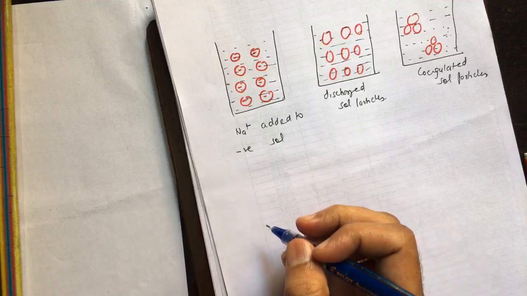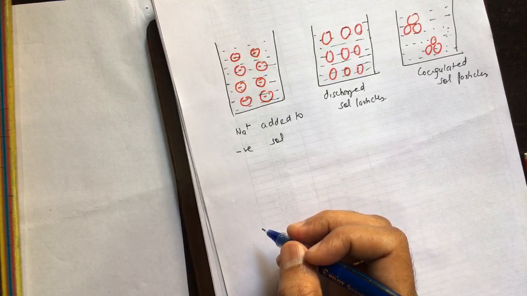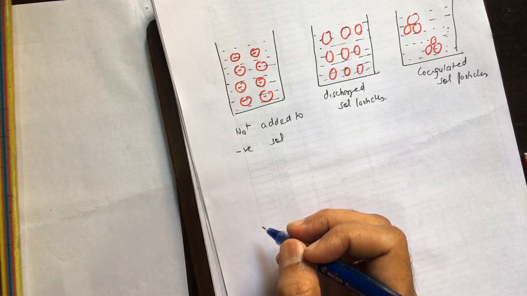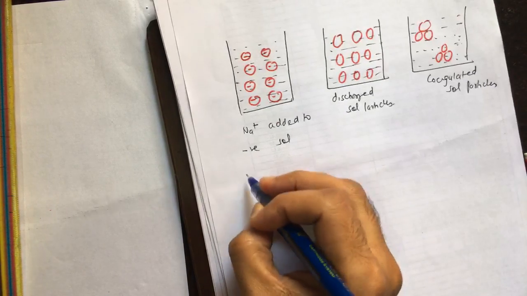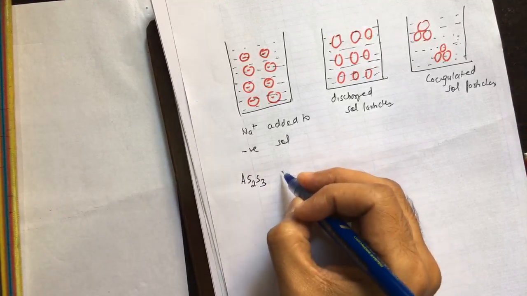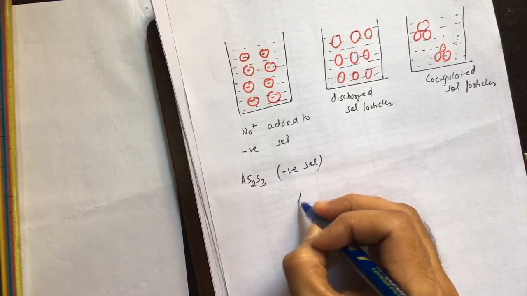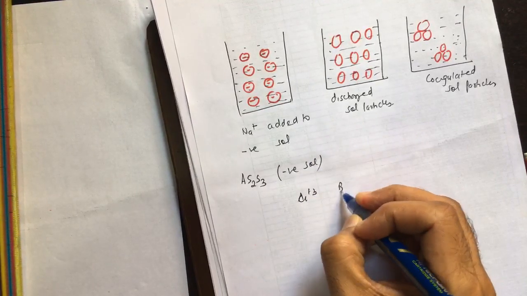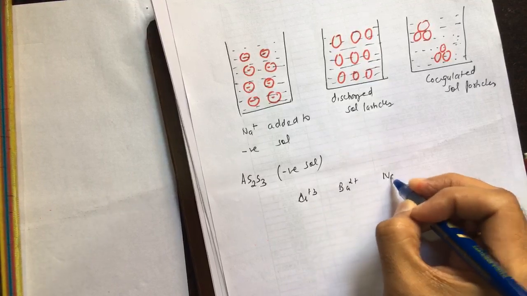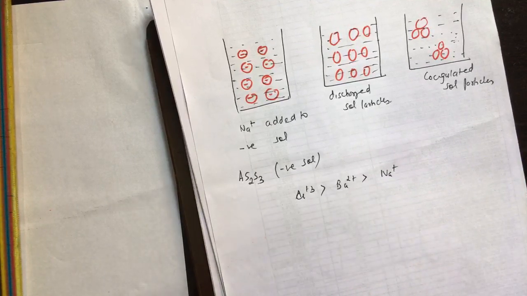Hardy and Schulze rule says that the higher the valency of the effective ion, the greater is the precipitating power. So if you want to precipitate As2S3, that is a negative sol, the precipitating power of aluminum, barium and sodium will be in this order. More the valency, more is the precipitating power. So a negative ion will cause the precipitation of a positive sol and vice versa.